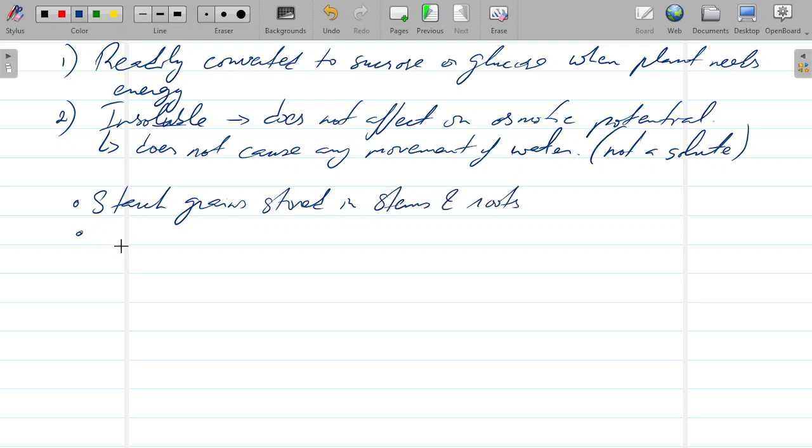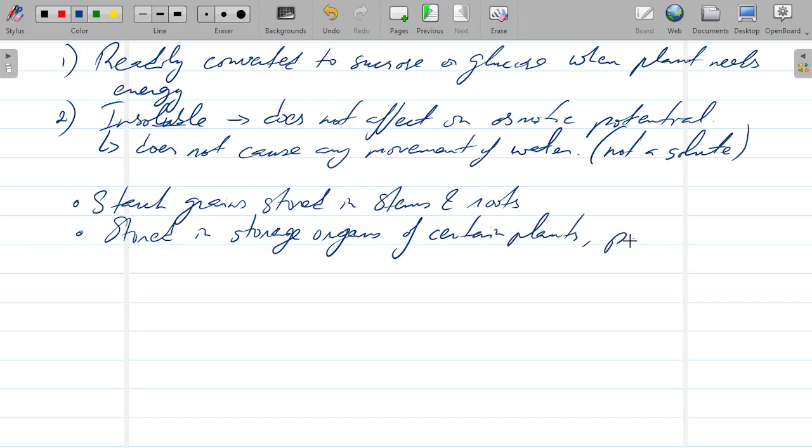They are stored in the fruits, or in fact, before fruits, let's say they're stored in storage organs which certain plants have, such as the potato.